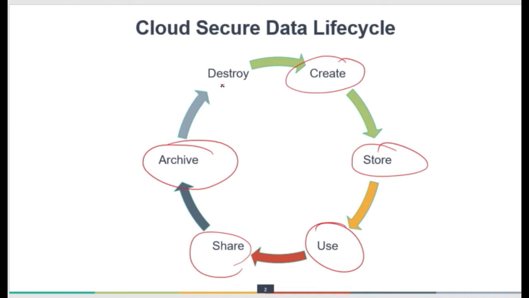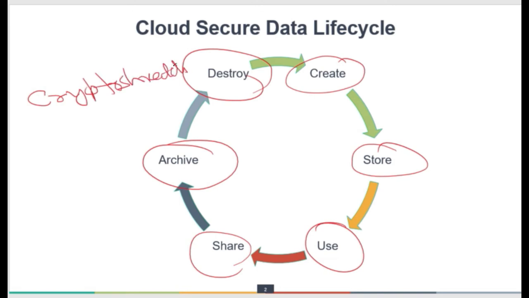Destruction, from the destruction purpose, when you are done with the information and you don't need that information anymore, and that is confidential, or that has some classification level. So depending on the classification, it depends how you want to destroy that information. Some data sanitization techniques, like for the destruction, you can overwrite the data with random bits, or if it is really the classified or the confidential data, then crypto shredding comes into play.